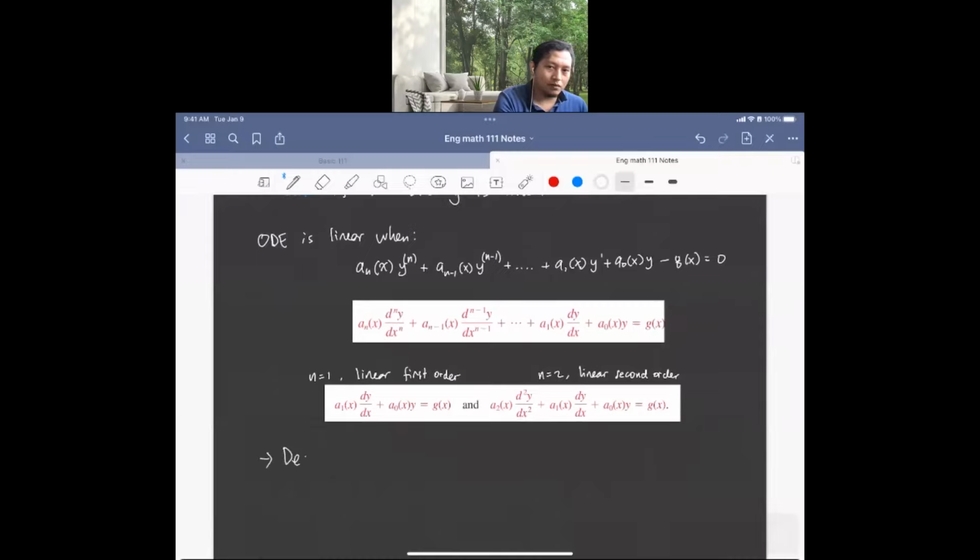So all the dependent variables y and its derivatives y prime, y double prime, and so on, are all in the first degree.